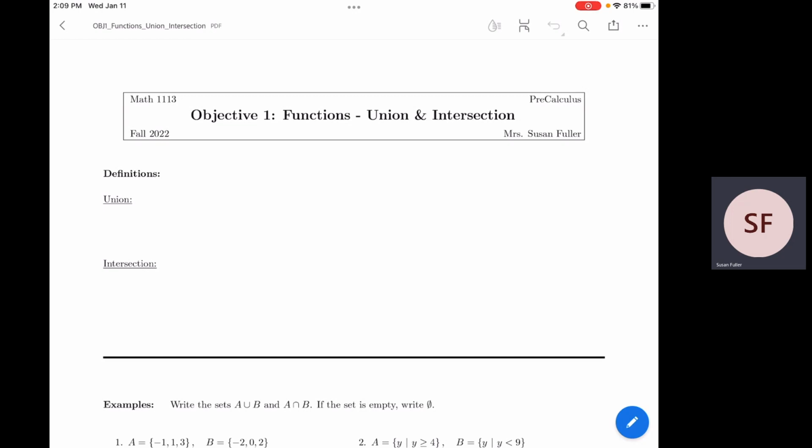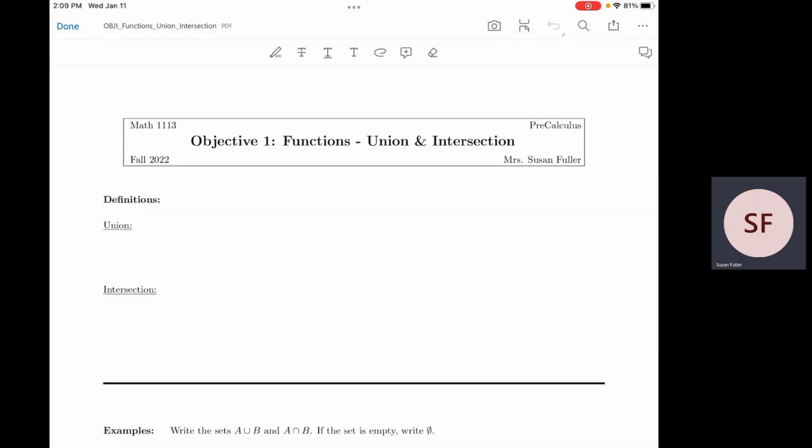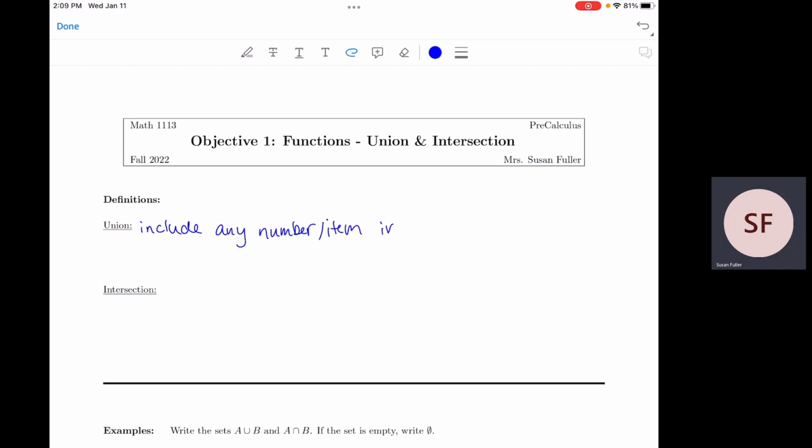To combine two sets using a union, for the union, you're going to include any number or item in either set.